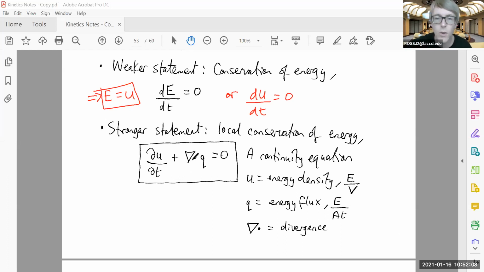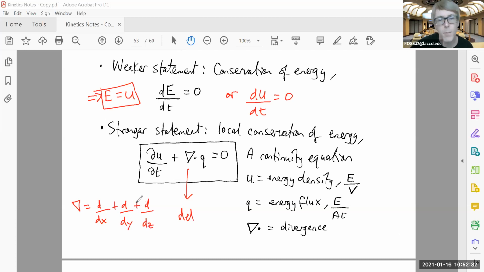The symbol here is called del, where del just means d by dx plus d by dy plus d by dz.